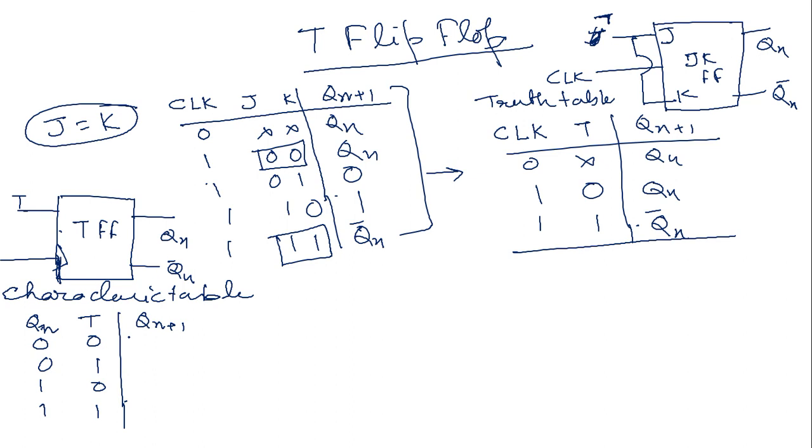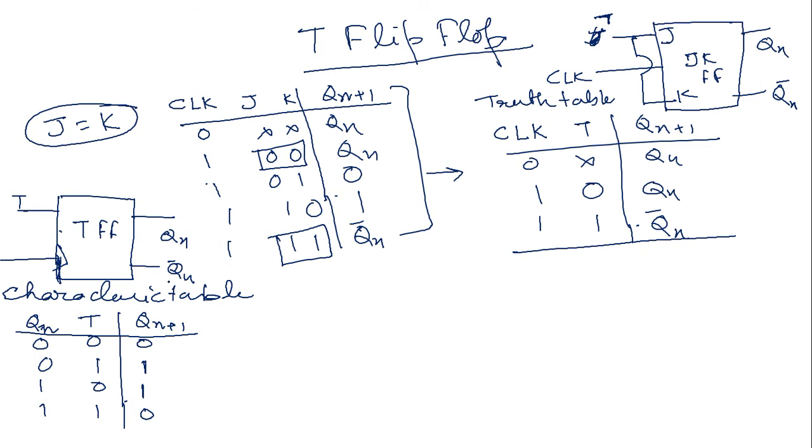When T equals 0, Qn plus 1 is Qn, so for Qn equals 0 it is 0. When T equals 1, Qn plus 1 is Qn complement, which means it is 1. So when T equals 0 it is Qn, and when T equals 1 it is Qn complement. So 0 1 1 0.